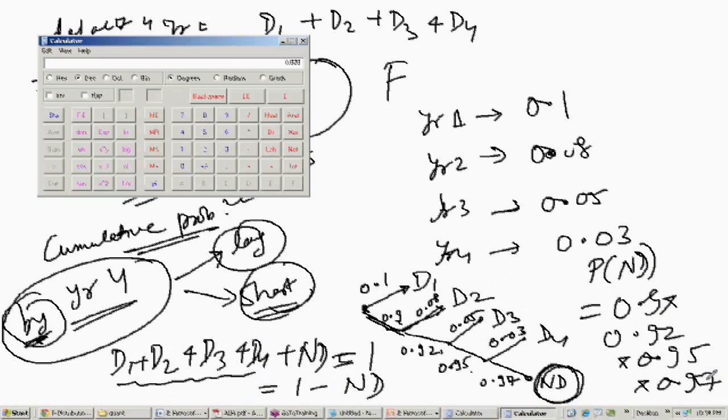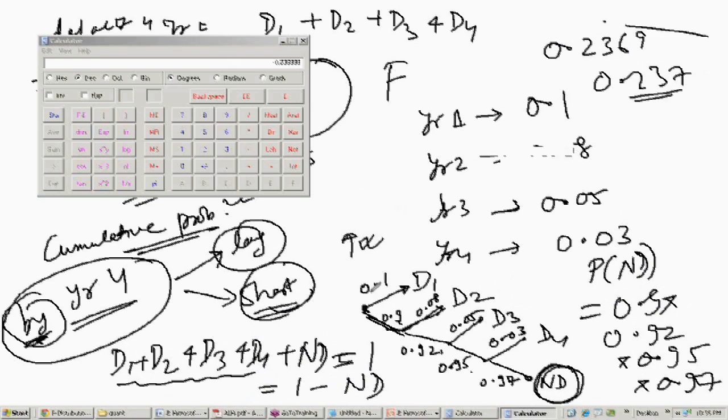If you compute that, it will be 0.9 into 0.92 into 0.95 into 0.97. That is the probability of not defaulting. So 1 minus that, the answer will be 0.2369 or 0.237. So that is the answer.